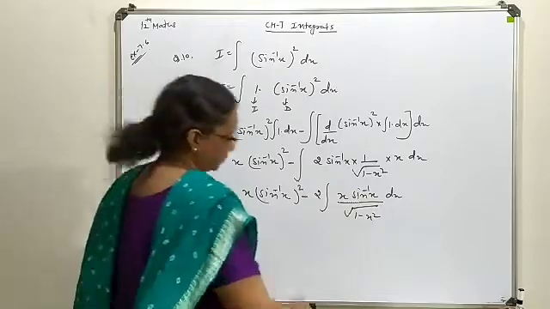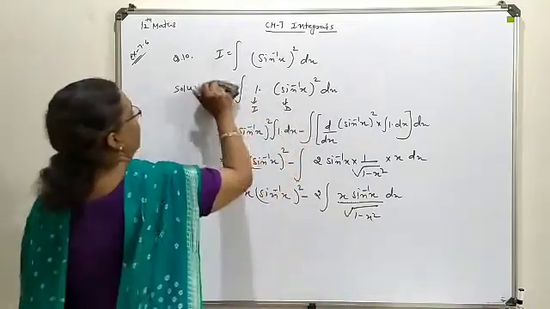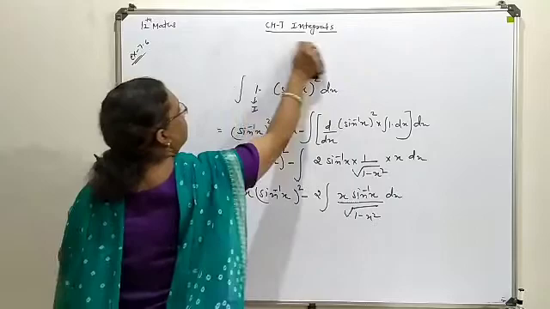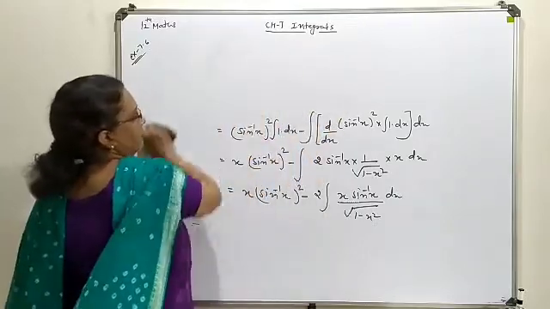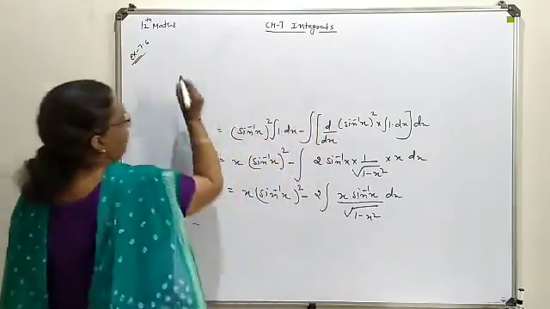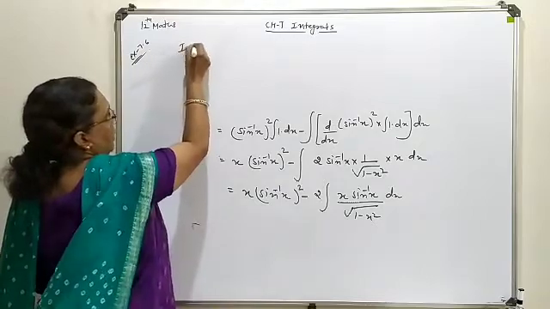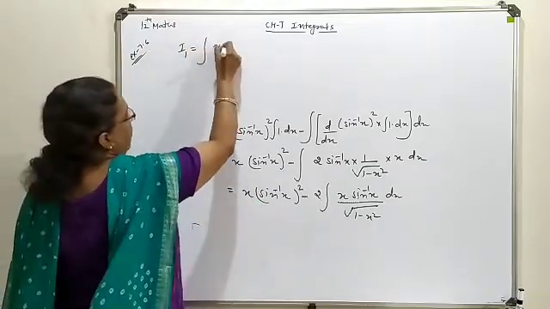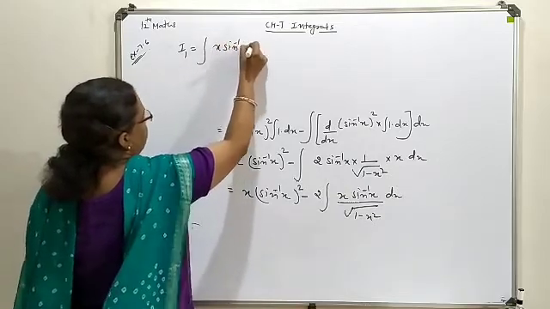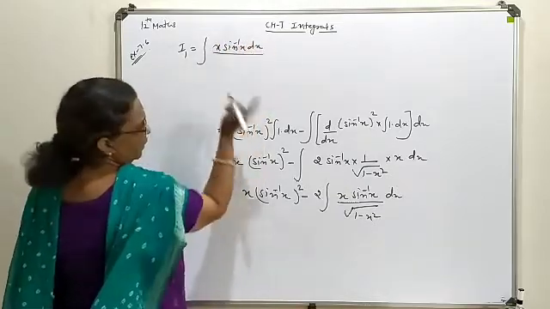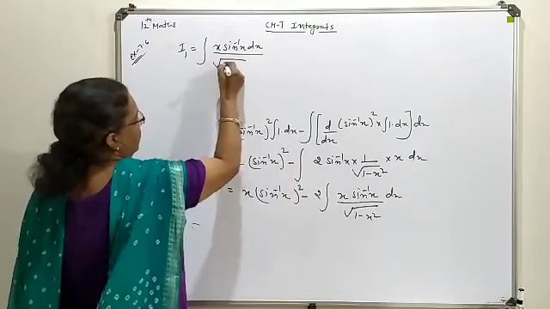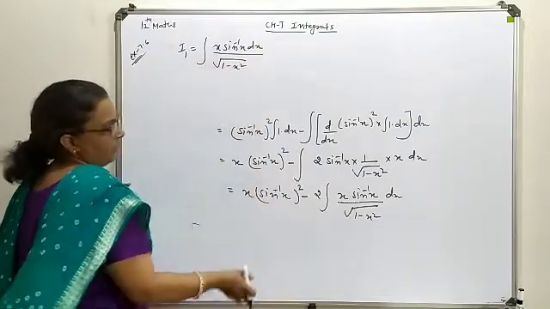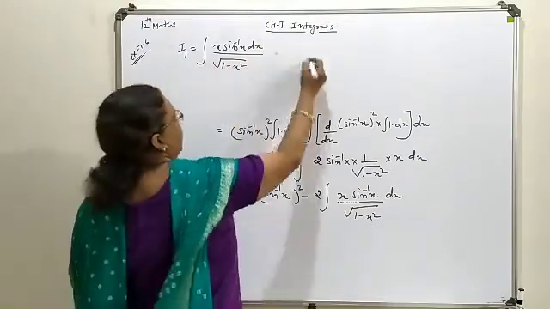Here we write I1 as minus 2 keeping as such, and only this integrating part we are going to write separately. Here, if you can handle it, it is better, since every time the same steps have to be copied.